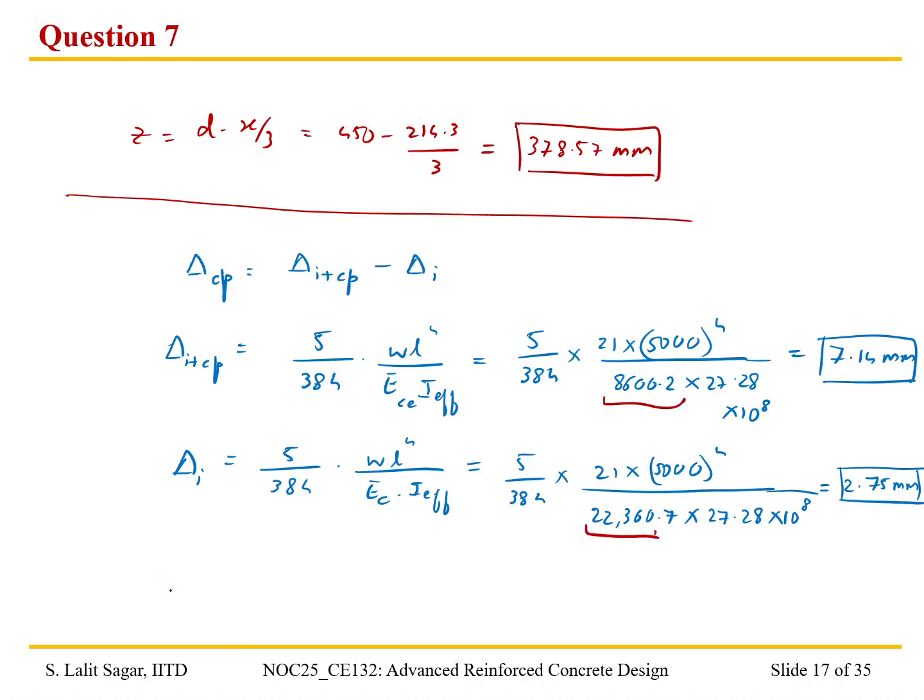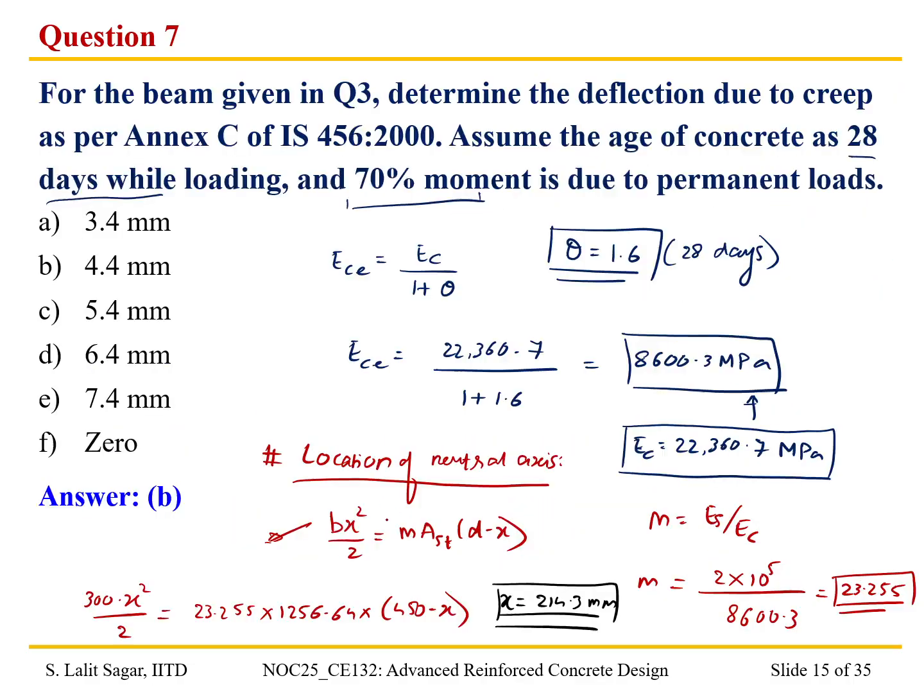So delta CP is equal to 7.14 minus 2.75, which gives us a value of 4.39 millimeter, right? So option B is the correct response.